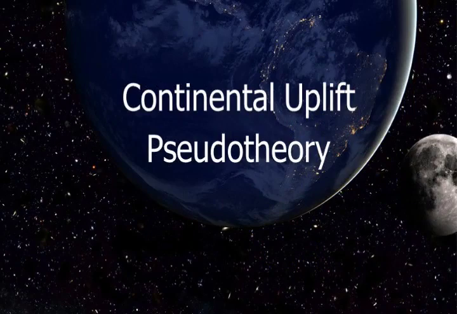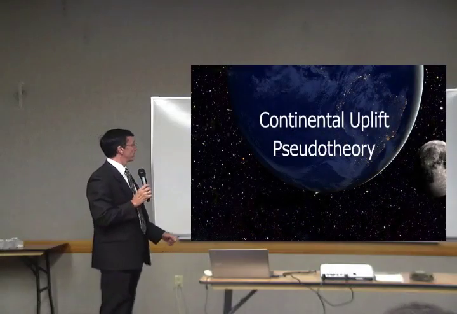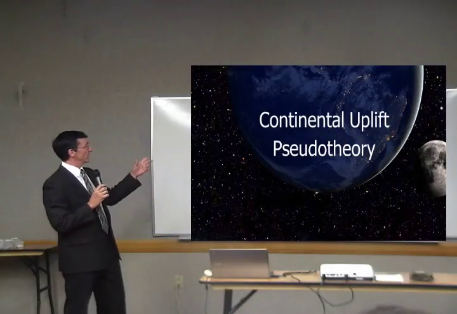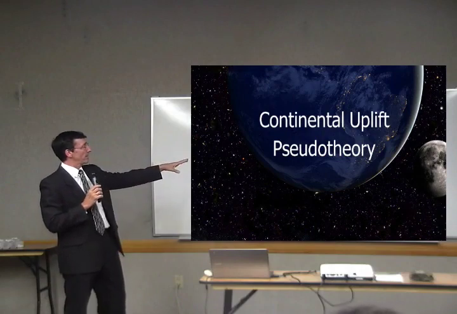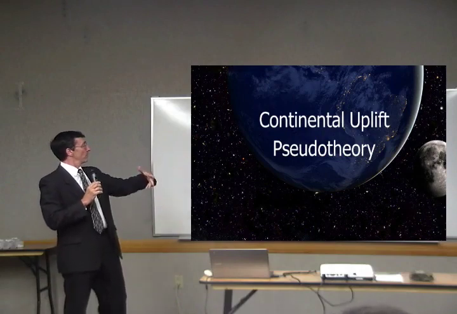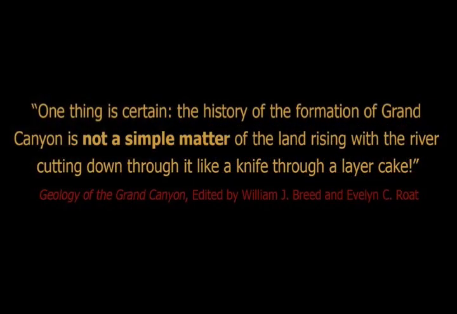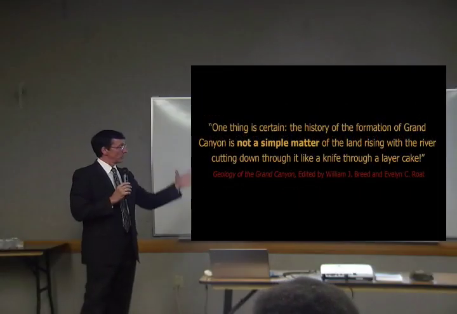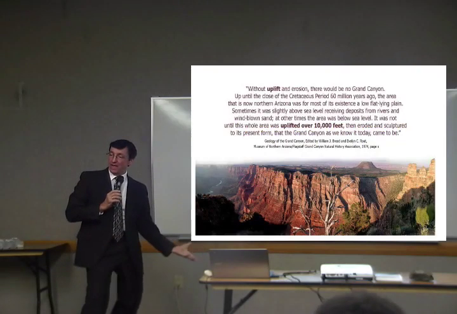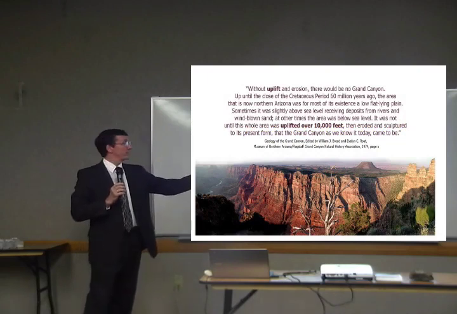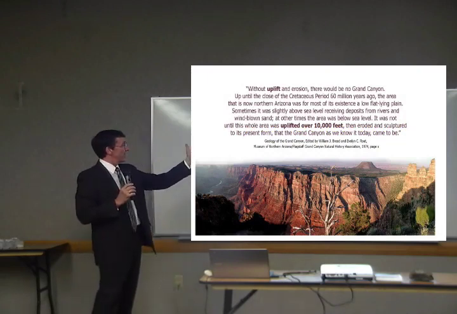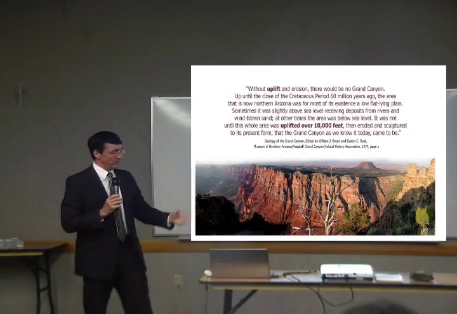Again, this is a theory that the formation of the Grand Canyon is not a simple matter of the land rising with a river cutting down through it like a knife through layers of a cake. That's what the scientists are saying. And so they're suggesting that all of this was down under the ocean, and then it was lifted up to form mountains. And as it's being lifted up, the canyon's being cut through it.